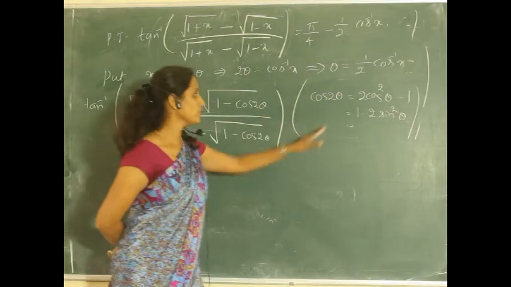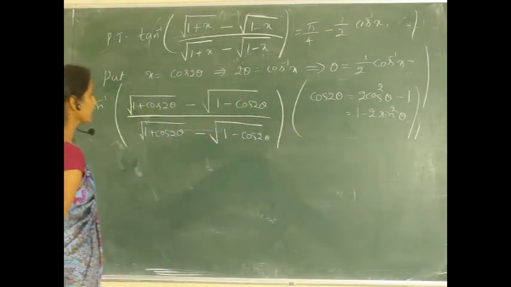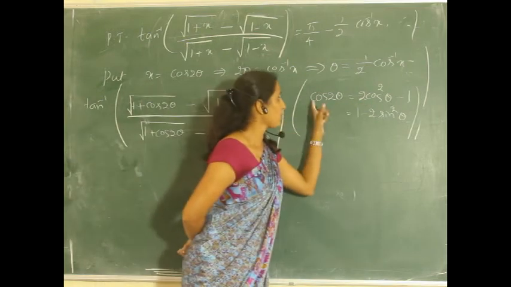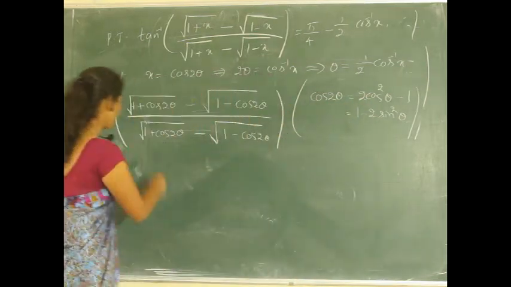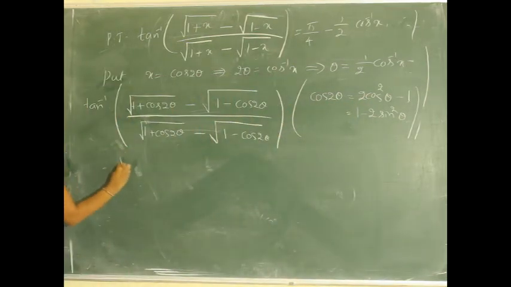By using these two formulas, 1 plus cos 2 theta is 2 cos square theta.